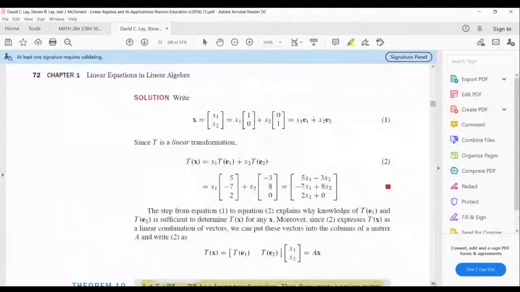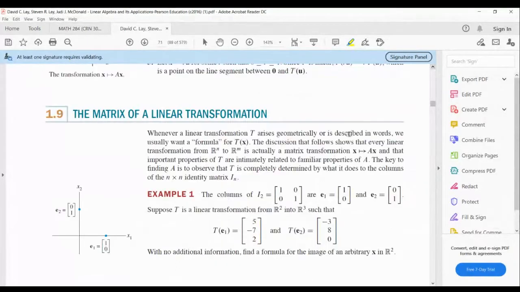They say suppose that T is a linear transformation that maps the vector E1 into the vector 5, -7, 2, and the vector E2 into -3, 8, 0. So we're mapping vectors in R2 into R3. With no additional information, find a formula for the image of an arbitrary x in R2. And remember, we're told that this is a linear transformation.